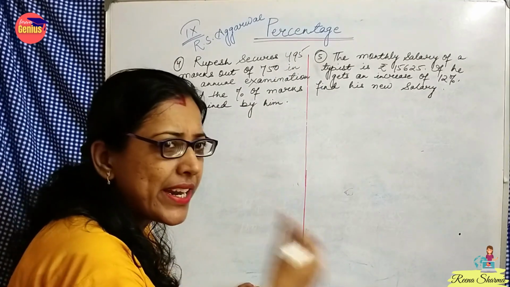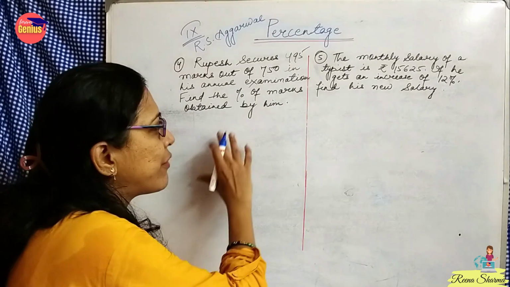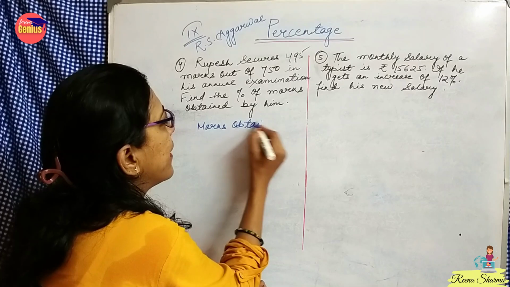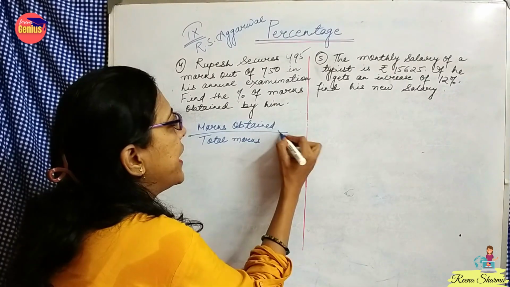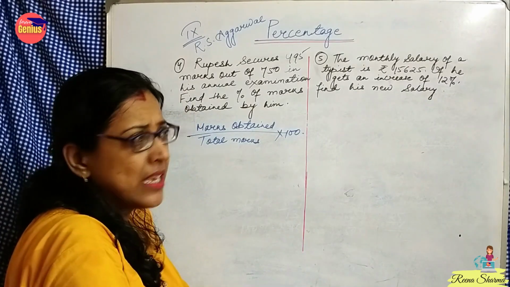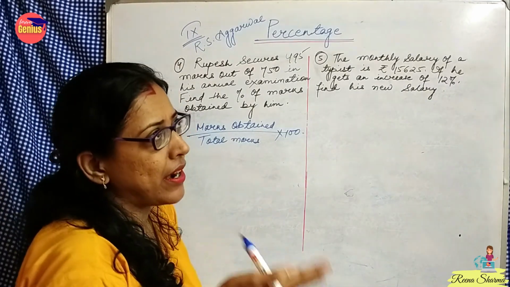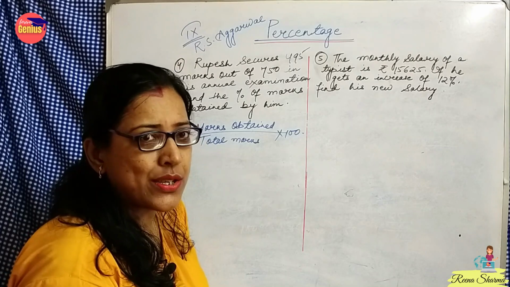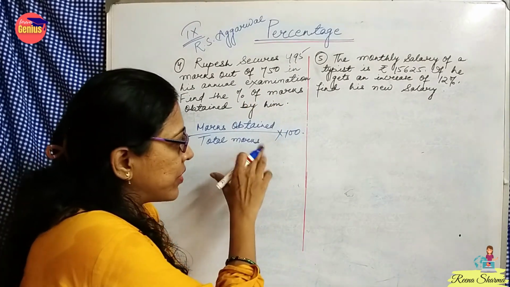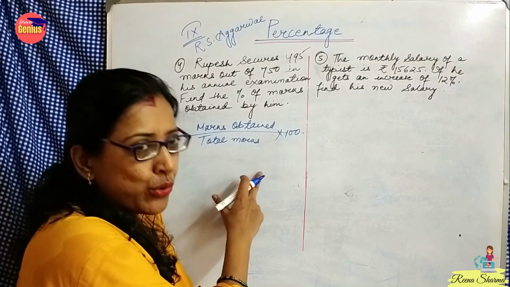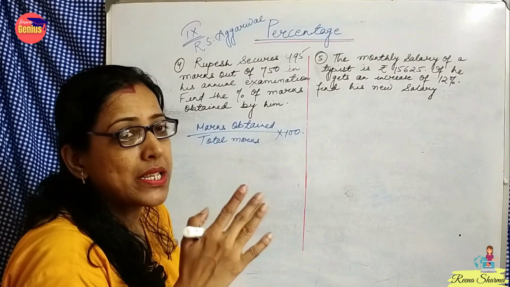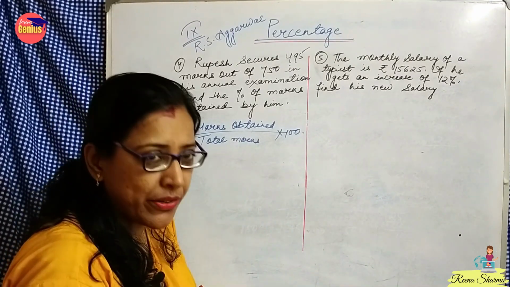There is a very easy formula related to it, and the formula is marks obtained by total marks into 100. If I apply this formula, see, I told you in one of my videos also that whenever we calculate these types of sums, if I apply this as a thumb rule, marks obtained by total marks into 100, I can find out the percentage of a lot of things related to different questions.